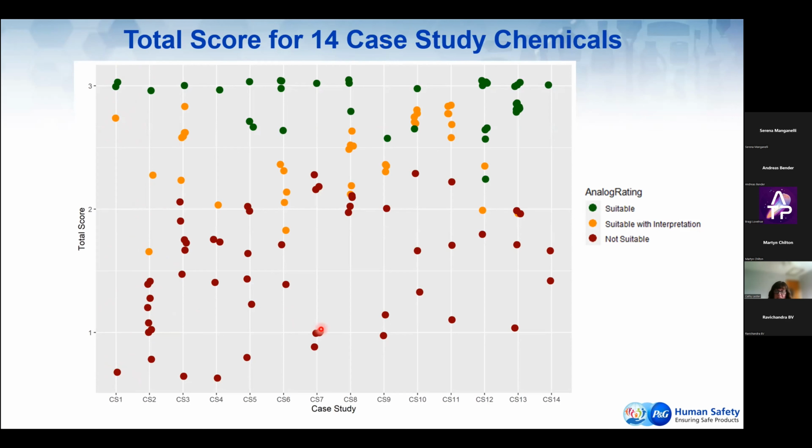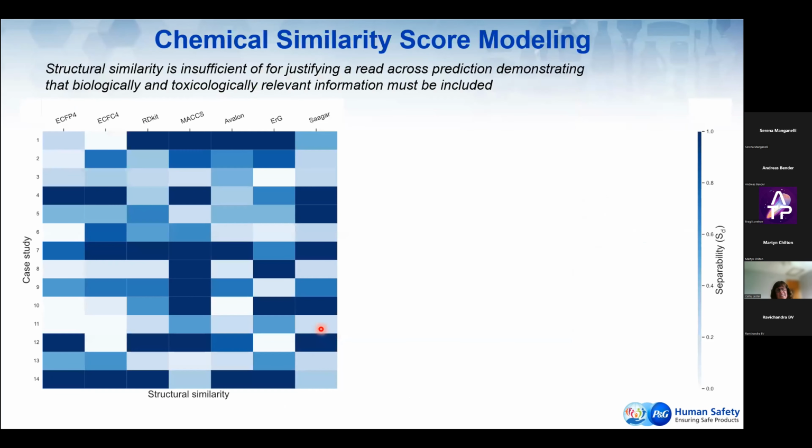So what Mahmoud did was he looked at all different approaches. He examined structural similarity just to make sure, are we missing any fingerprints that might be particularly sensitive to our analog ratings. So he looked at all of these different molecular fingerprints to determine, can we use structural similarity to separate not suitable from suitable analogs?